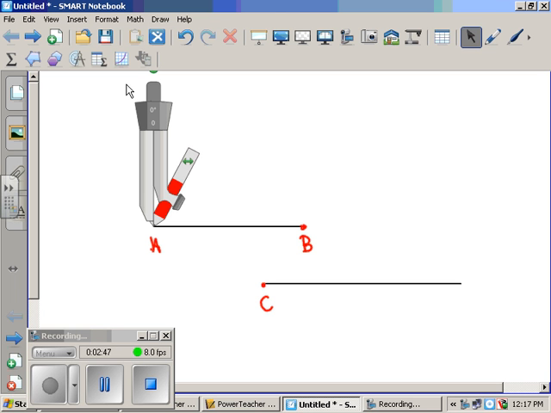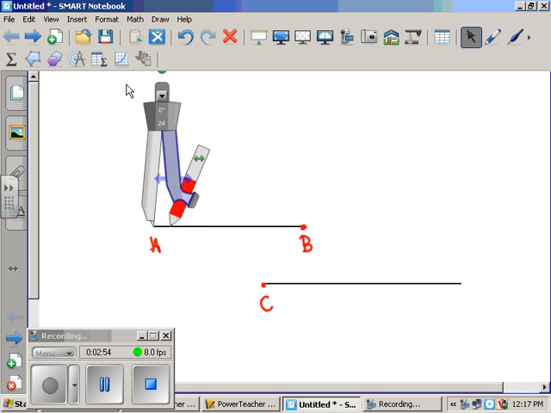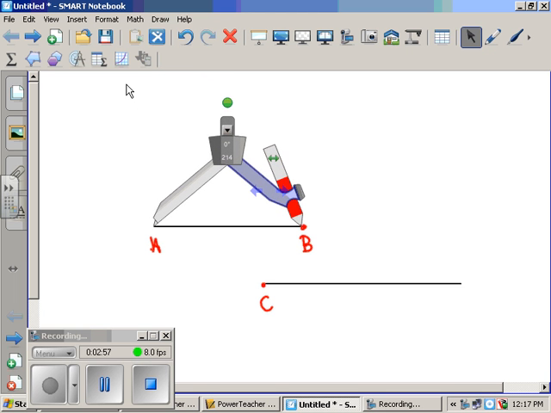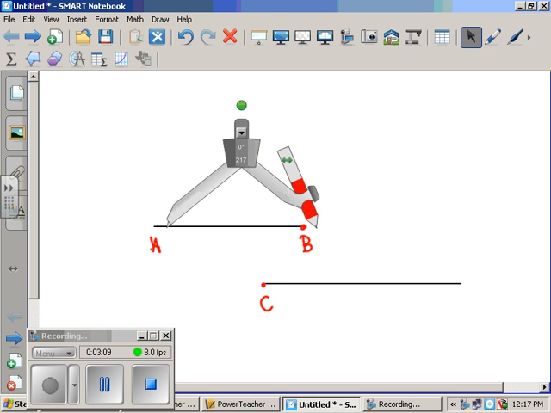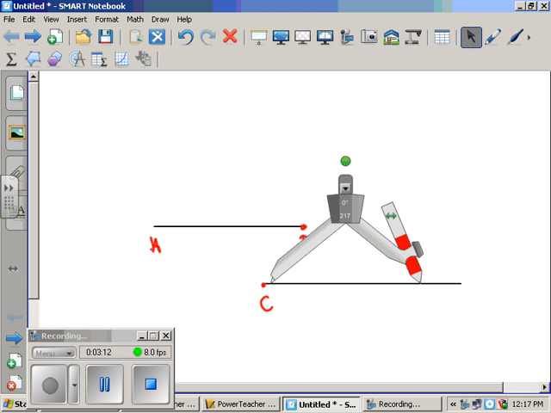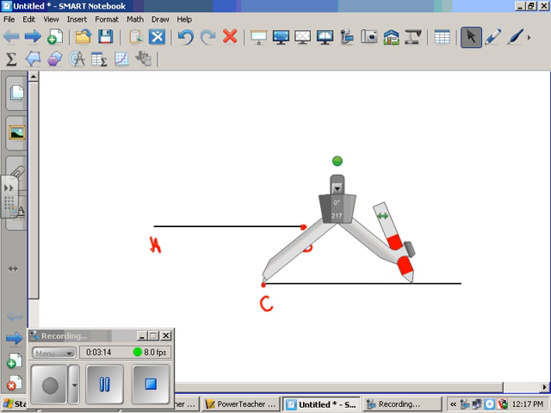Okay, I'm going to put my pointy edge right at the end, and I'm going to basically use my compass as a measurement tool. So I'm going to open it up to the end of that segment, so I know exactly how long it is, and then leaving it open that exact amount, I'm going to move it down here so that the pointy end's right there on the edge of the line, and I'm going to put a little, what we call an arc mark, right there.